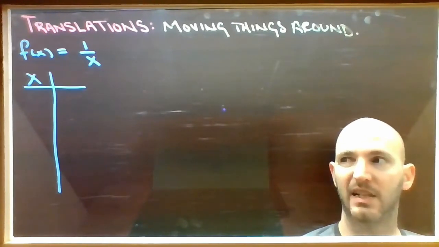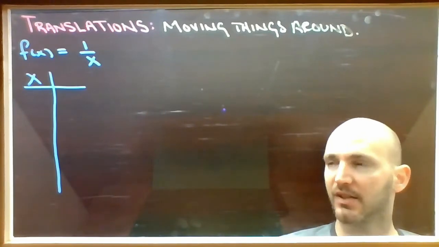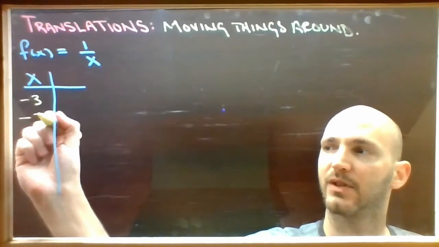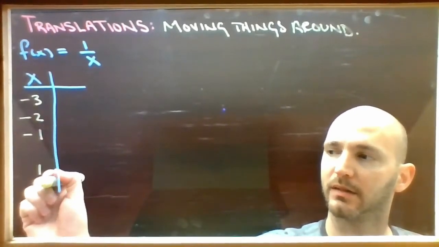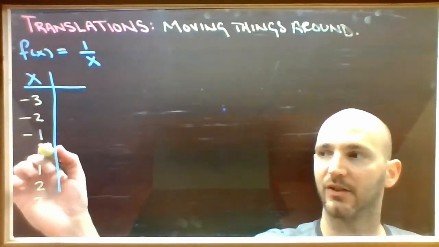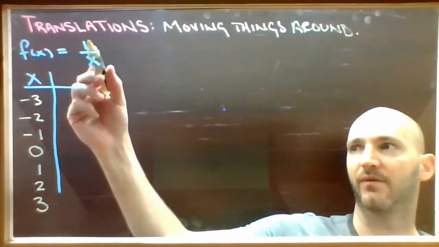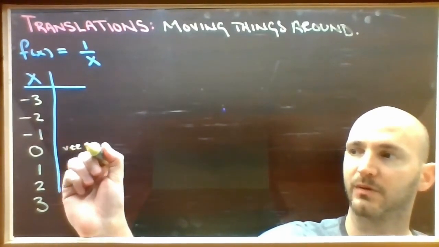So I just need to pick some fractions that I think I'm going to be able to sketch. So I think negative 3, negative 2, negative 1, 1, 2, and 3. Those are all fractions I can sketch. And then there's this place in the middle, which we're all remembering, is if I do 1 divided by 0, that gives me a vertical asymptote.